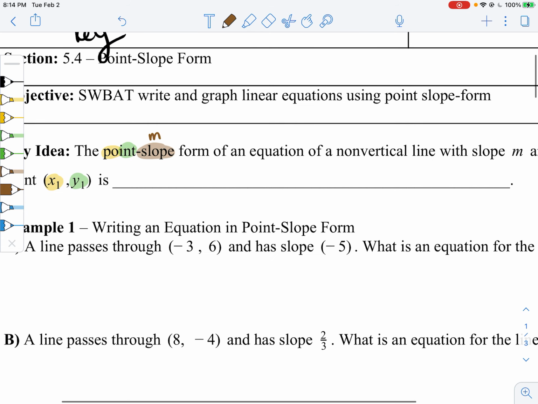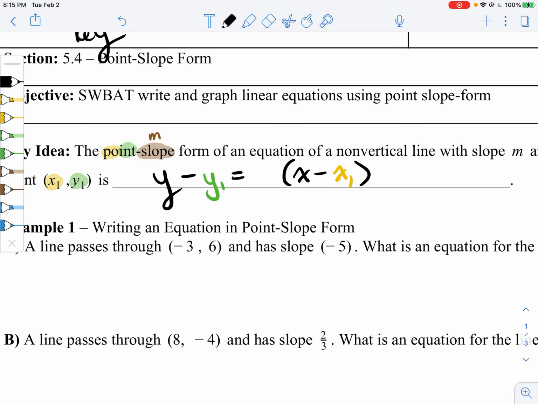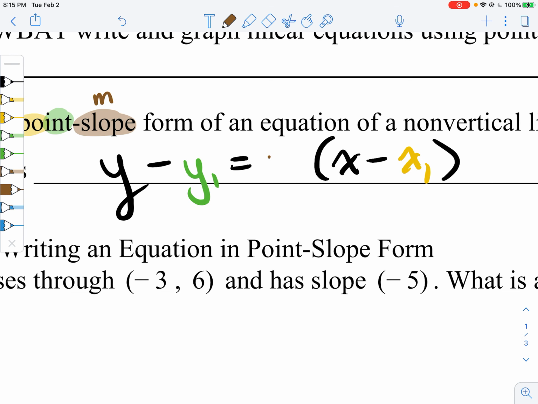Now, the equation of a line represents x, y pairs that make an equation true. So it's all of the x's and y's such that if you subtract y1 from the y coordinate, and you also subtract x1 from your x coordinate, and you take that difference, you multiply it by the slope, and you get the difference of the y values.